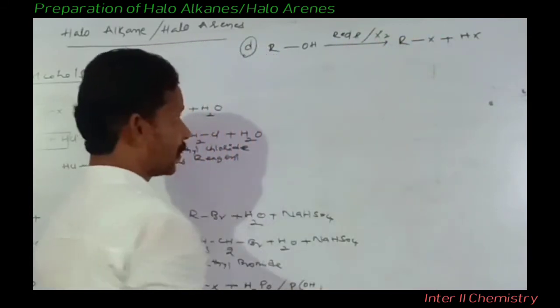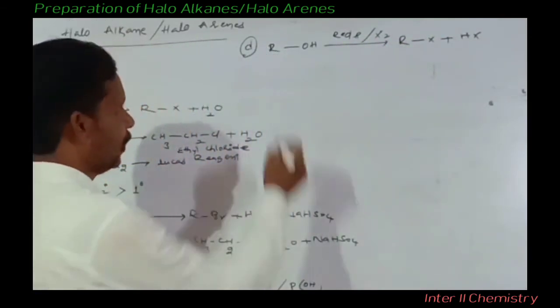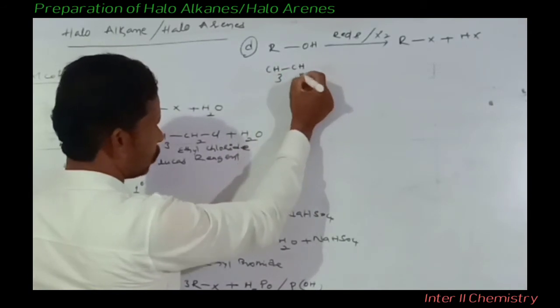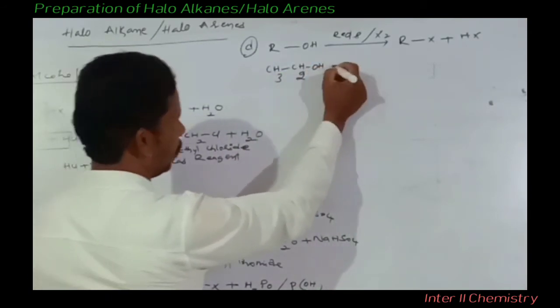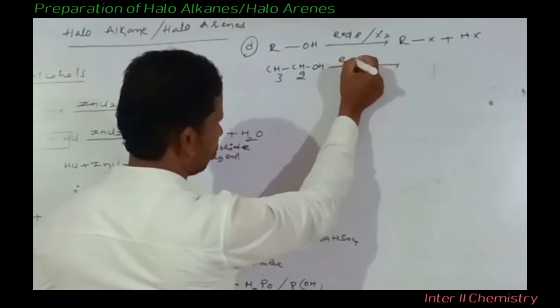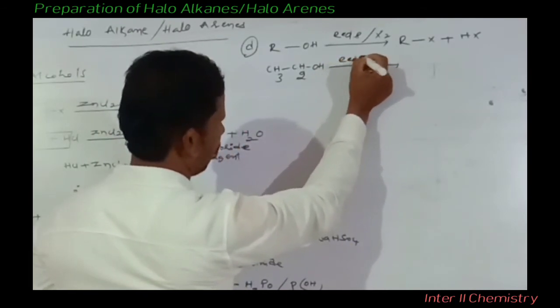Specifically, write CH3CH2OH in the presence of red phosphorus.